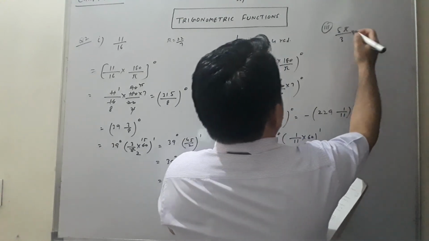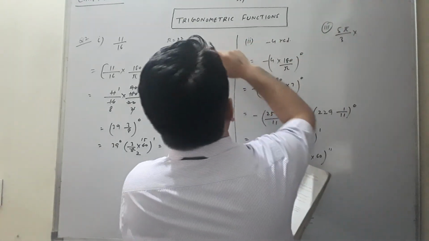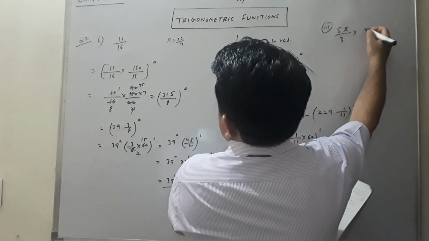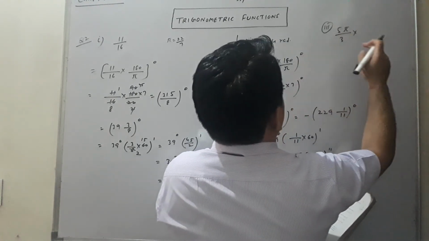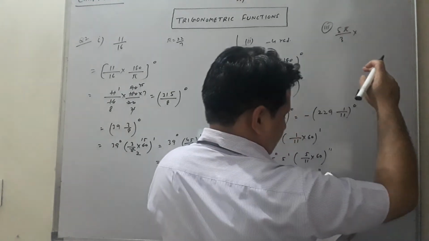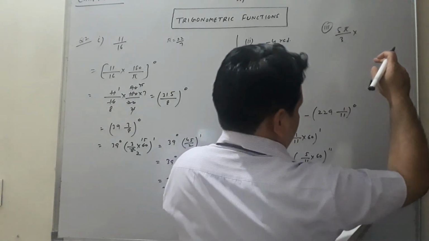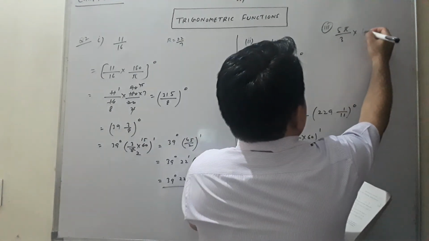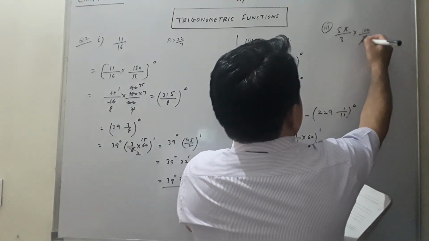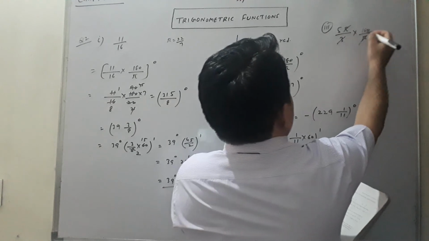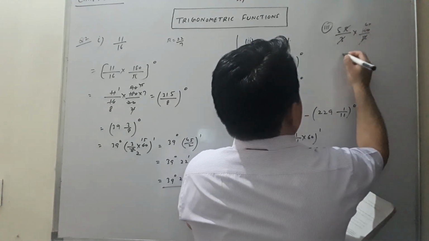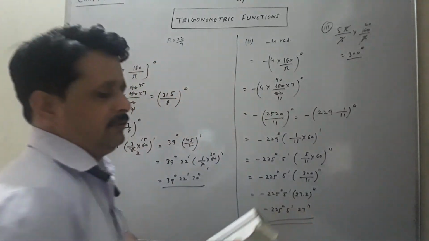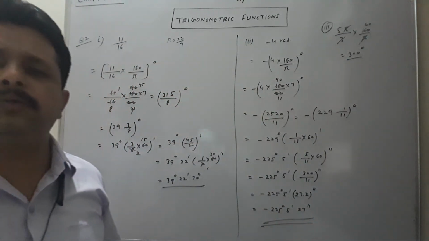While we change into degrees, it will be equal to 180 upon pi. So it will cancel out, students. This is now 3 6s are 300. We will have 300 degree. So very easily you can do these questions.